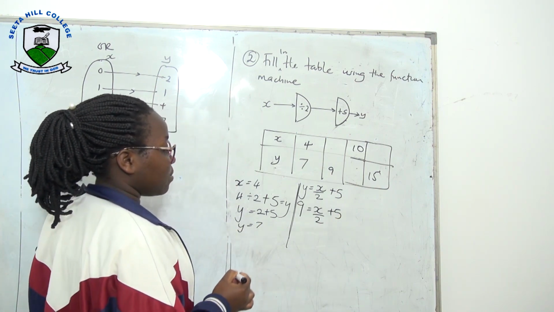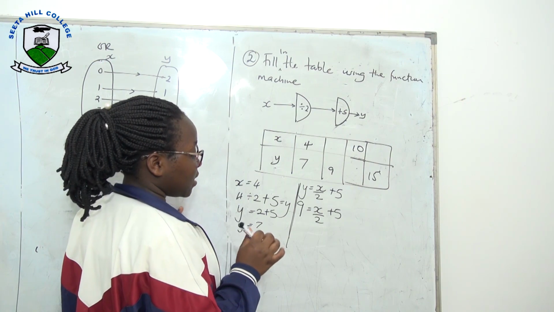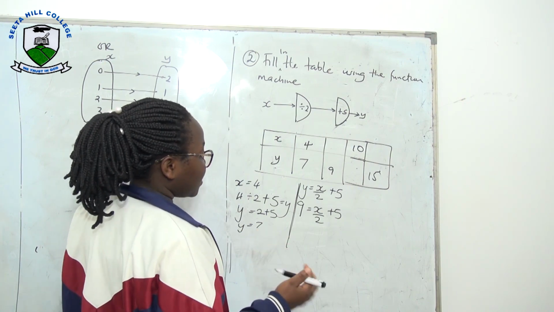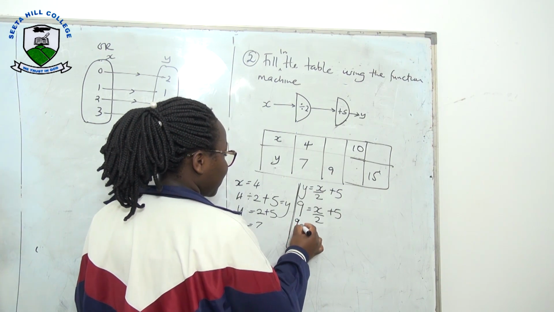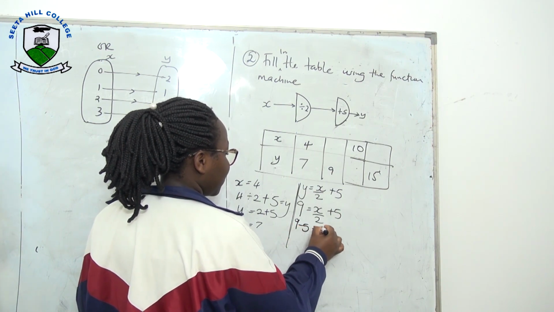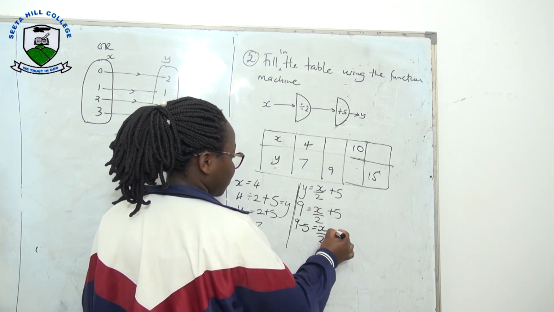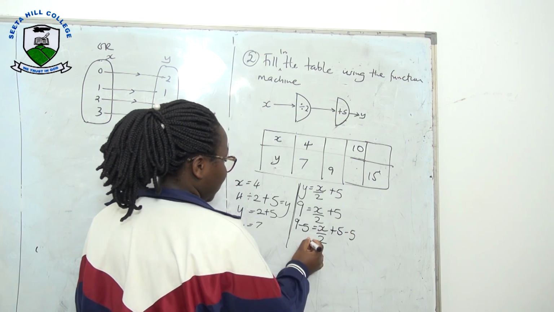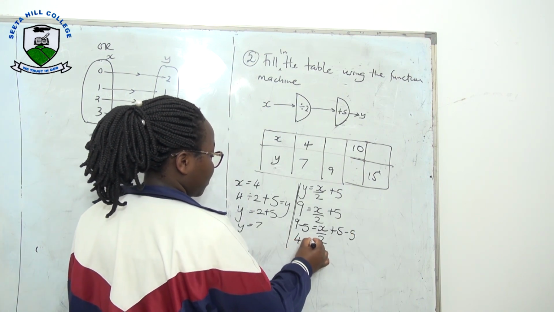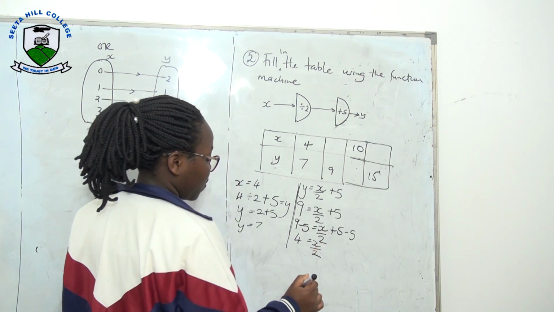So we shall subtract 5 on both sides because 5 is a positive. So it will be 9 minus 5. So it will be x out of 2 plus 5 minus 5, giving us 4 is equal to x out of 2.